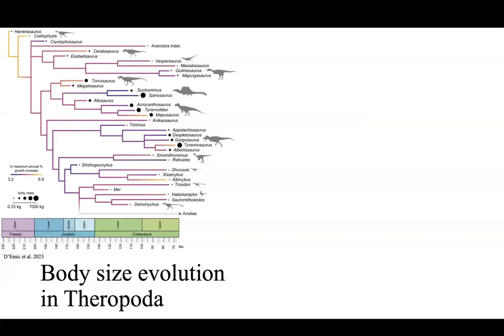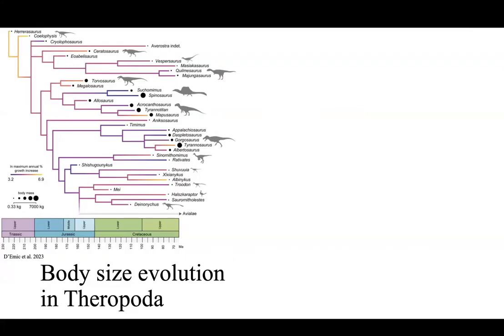And so what you can tell if you look at this is all those ends of the branches on the phylogeny have a little black circle on them. The size of that black circle gives you an idea of the body mass of the big individuals in that species. So you see some of them are very tiny and some of them are rather large. And then the other thing that's happening in this phylogeny is that there's color coding, purple to yellow. And that color coding is only possible because people have done histology.